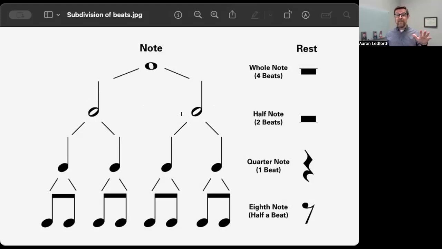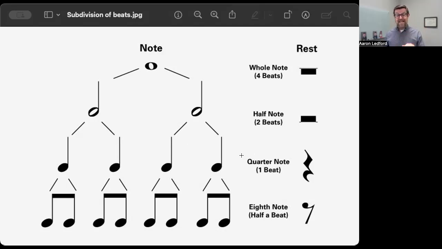But we can divide the rhythm out even further. We can take these half notes and break them down into quarter notes. So this first half note can be broken down into two quarter notes where we just count one, two, and then for the last one we count three, four.